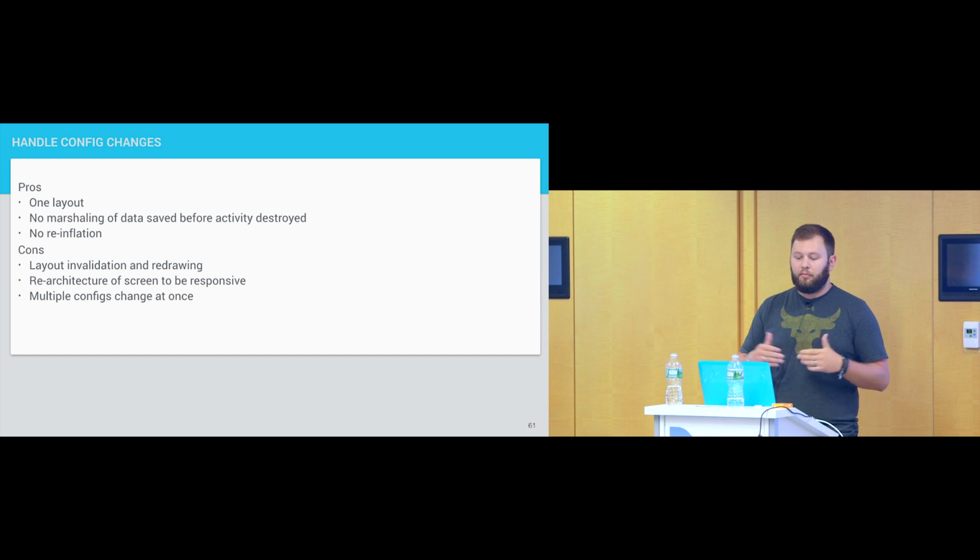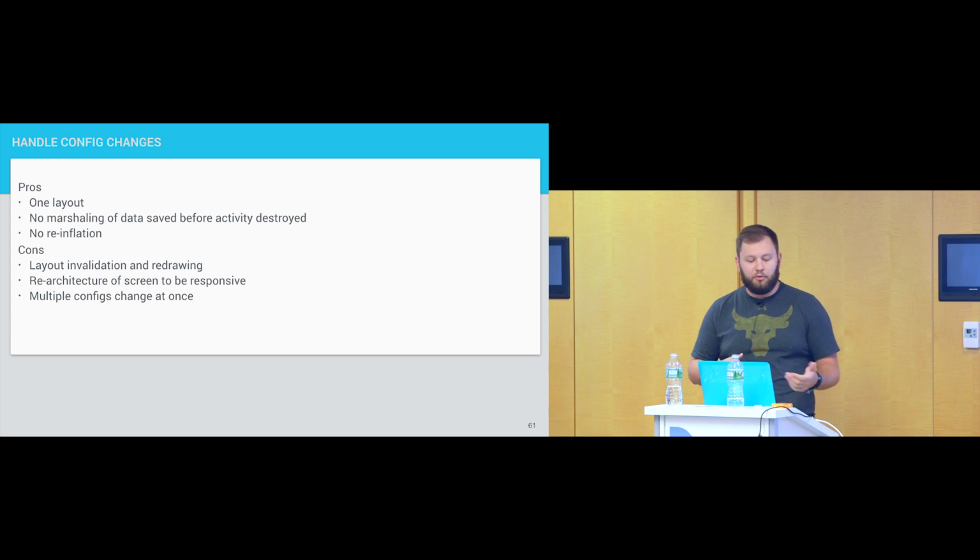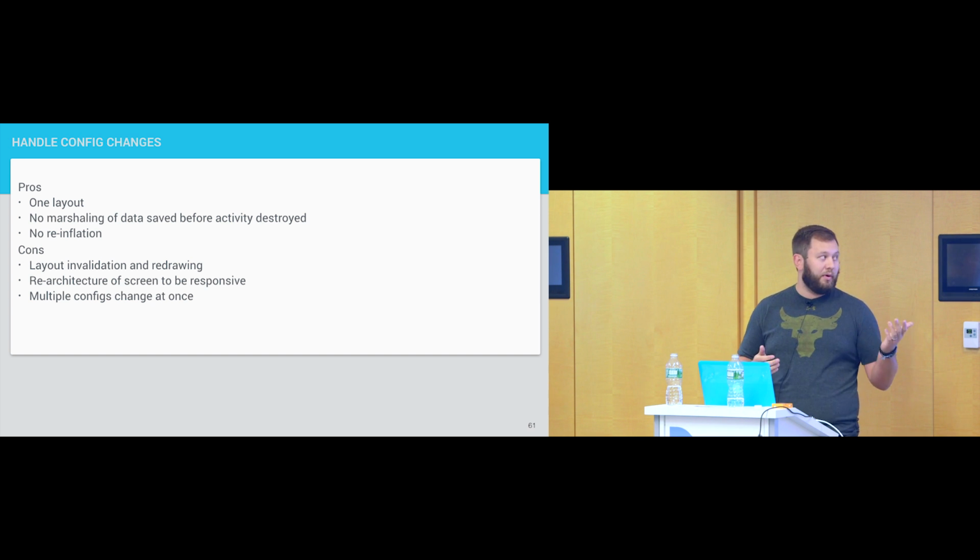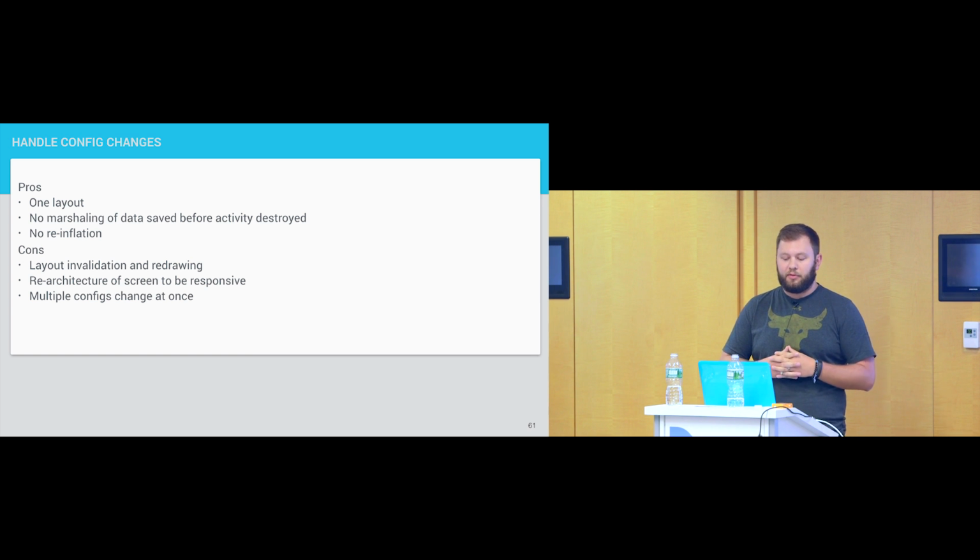Without dealing with configuration changes, Android handles it with a little bit of help from yourselves, saving stuff in saved instance state. It doesn't help you do a lot of those things. And as well, there's no reinflation, so you save a lot of potential lost frames over reinflating all the XML that you potentially would be going back over when they recreate your activity.